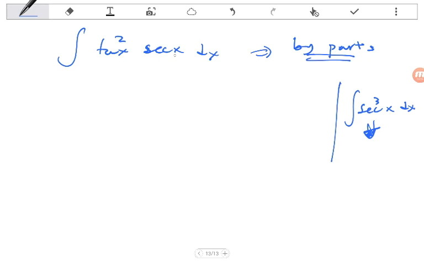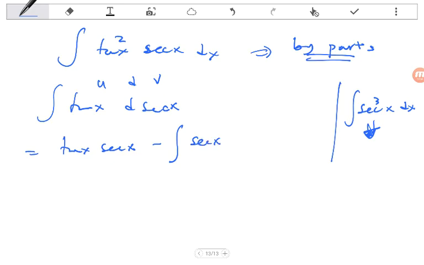How? I just look at this tan squared sec x. I take here what is available, sec squared or tan multiplied by sec. Sec by tan. I take sec by tan after the d, so it remains tan x d sec x. I apply by parts, which is u dv: tan x sec x minus integration of v, which is sec x, du, the derivative of tan, which is sec squared.